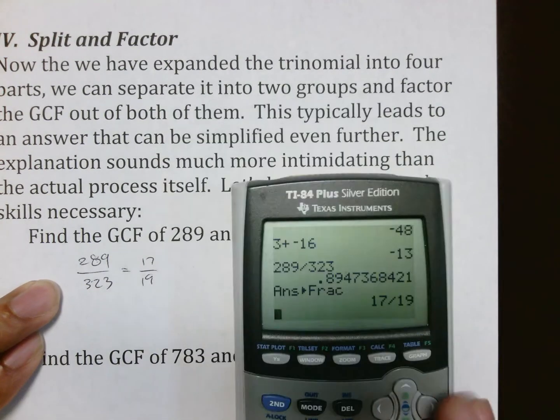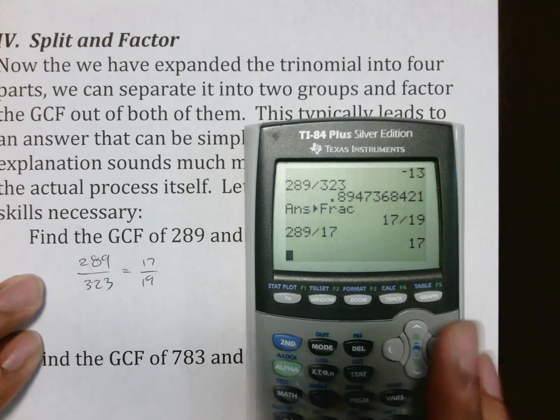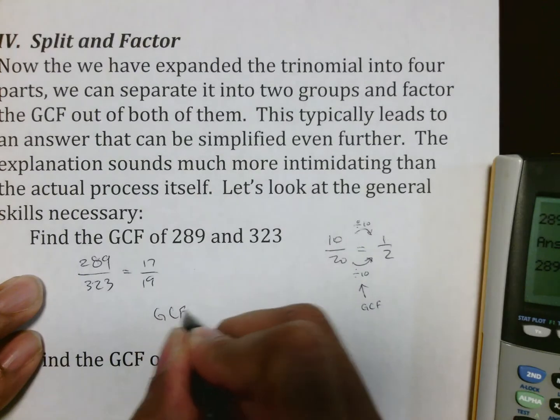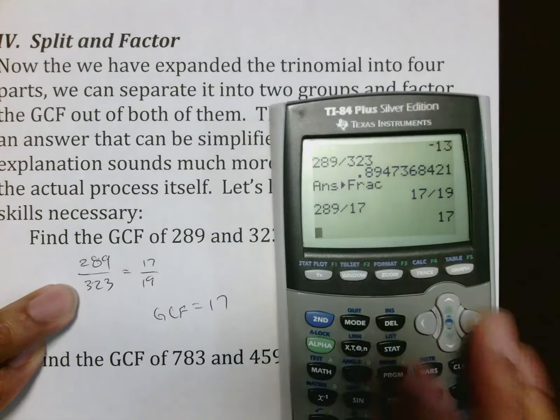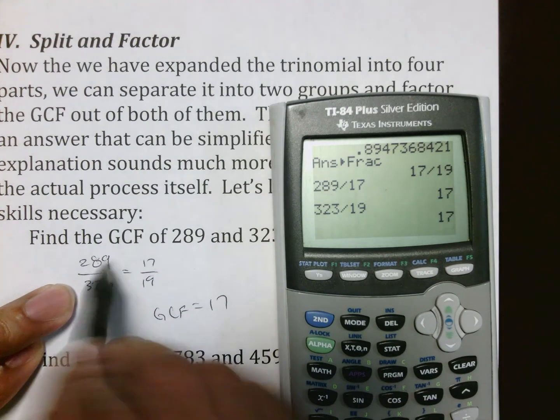The way I would do it is take the first number I used divided by the first number that came out and see that my GCF is 17. Just to prove it, if I do 323 divided by 19, I still get the GCF of 17. That is the number that was missing.